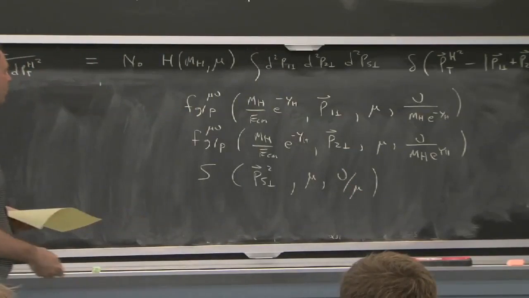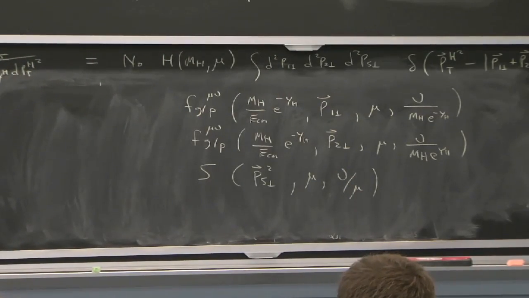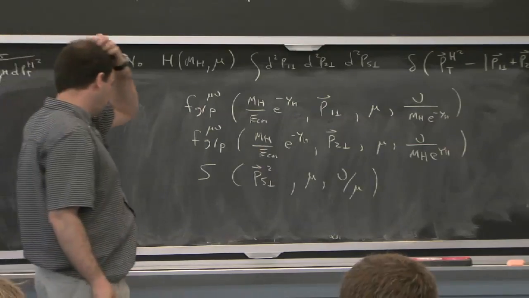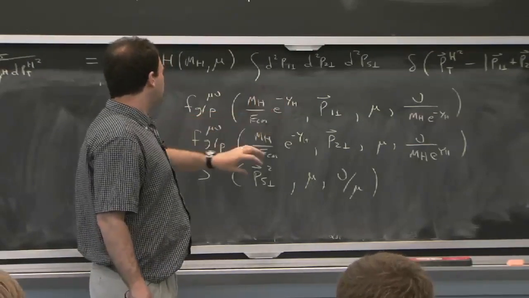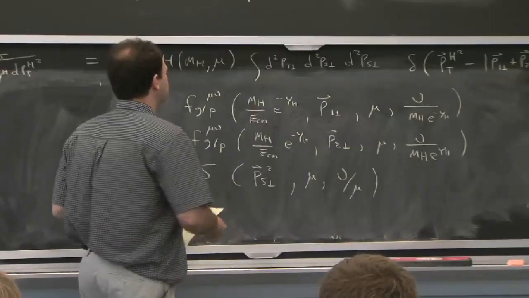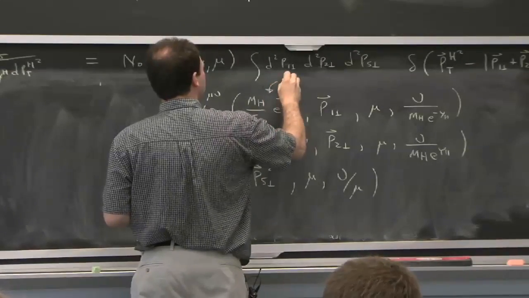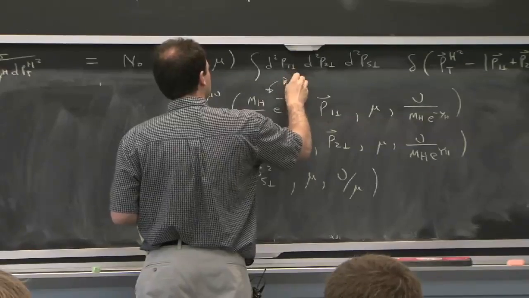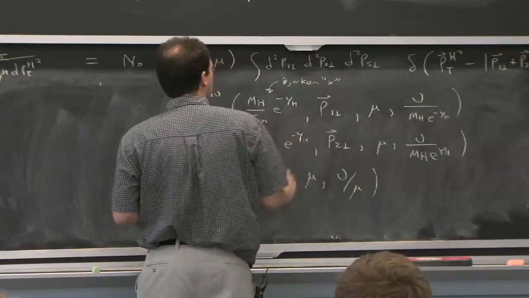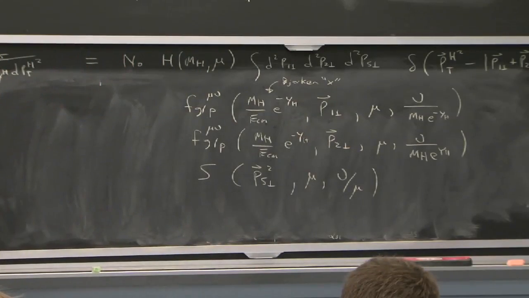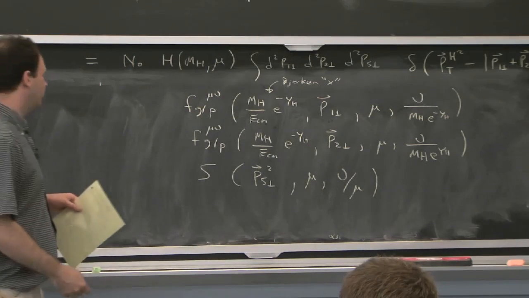Okay, so it's kind of got the same type of structure that we were seeing in our previous example. The external kinematics actually fixes these variables here, which are like the x. This is like the Bjorken x. And the kinematics of the process actually end up fixing that when you go through the factorization.